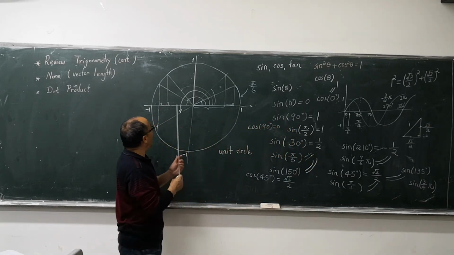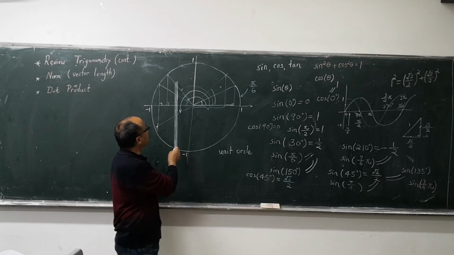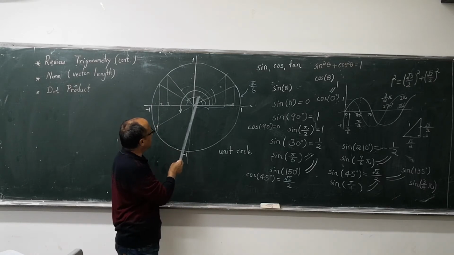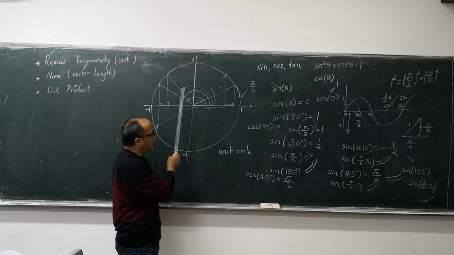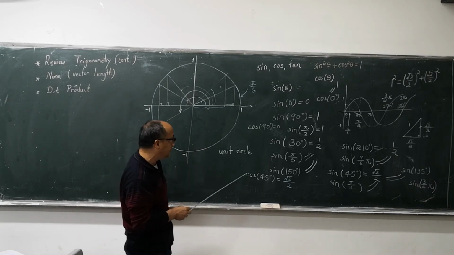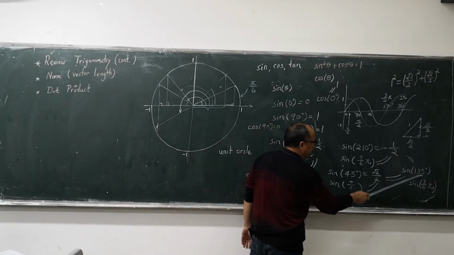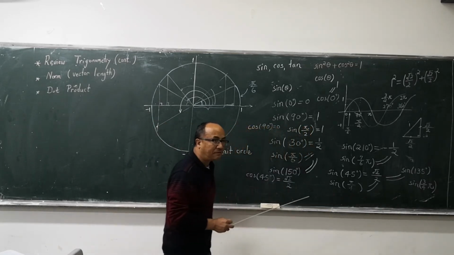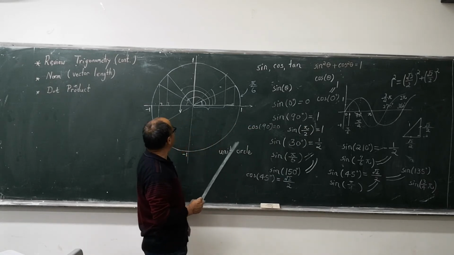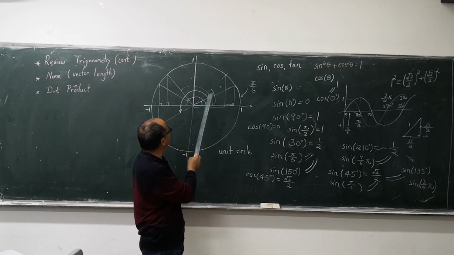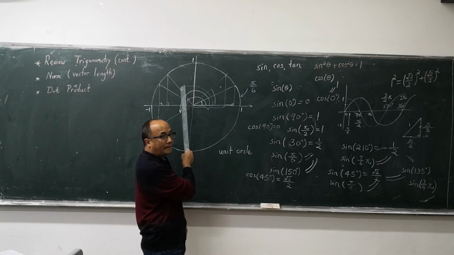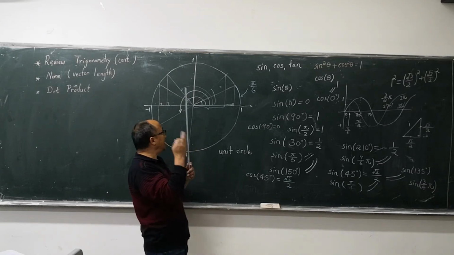Okay. Now, what's this angle? 90 degrees plus 45, 135 degrees. What is the cosine value here? Yeah, it's negative.